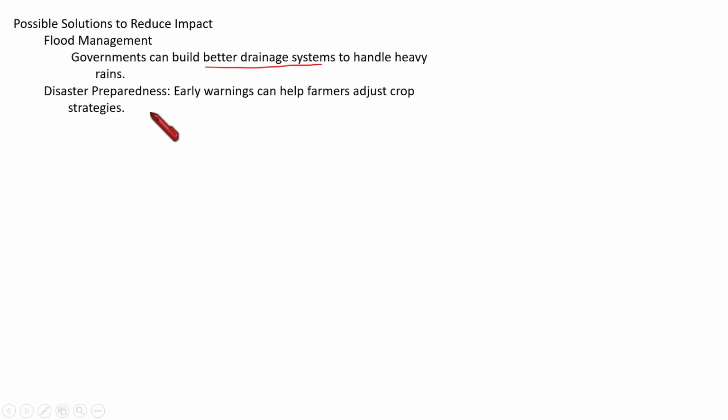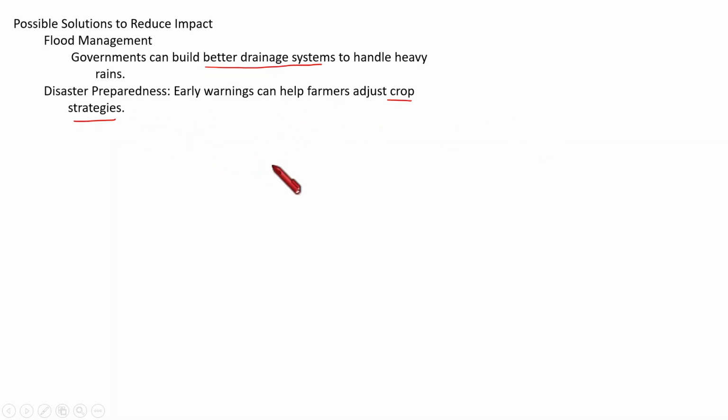So we should always be prepared to face whatever catastrophes like floods, landslides, and other natural calamities. Also, while planning crop strategies, we can warn our farmers regarding what strategies need to be adopted to cope with the adverse climate.